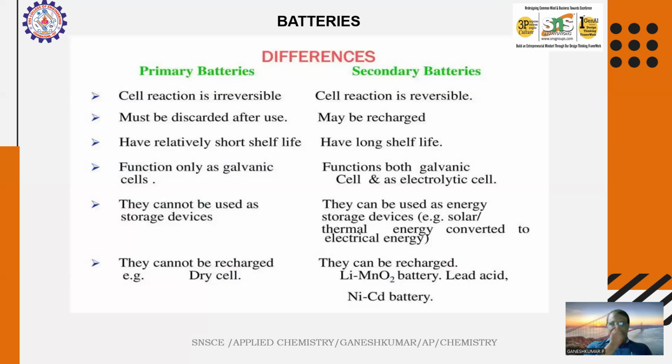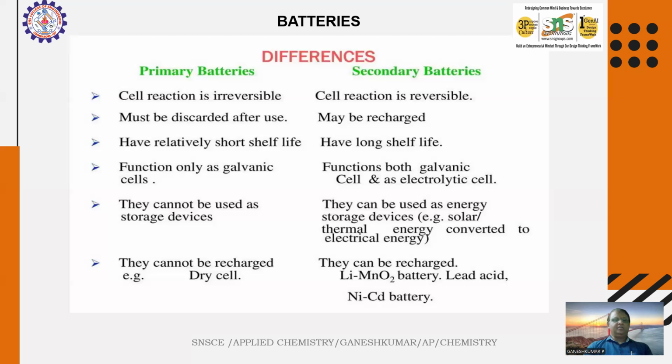Primarily, we can discuss two types of batteries and their differences. Primary battery, secondary battery. Primary batteries are irreversible batteries. Secondary batteries are those where the cell reaction is reversible.